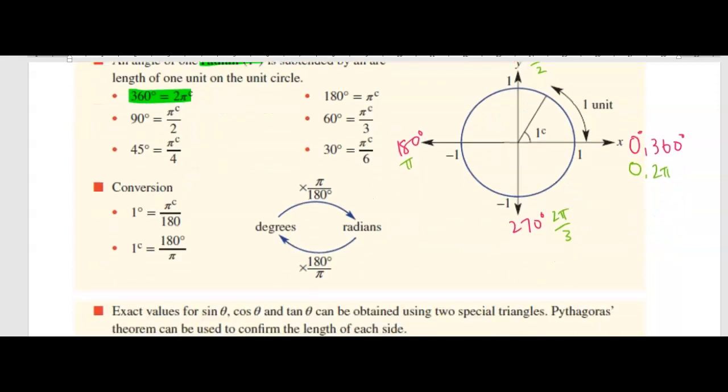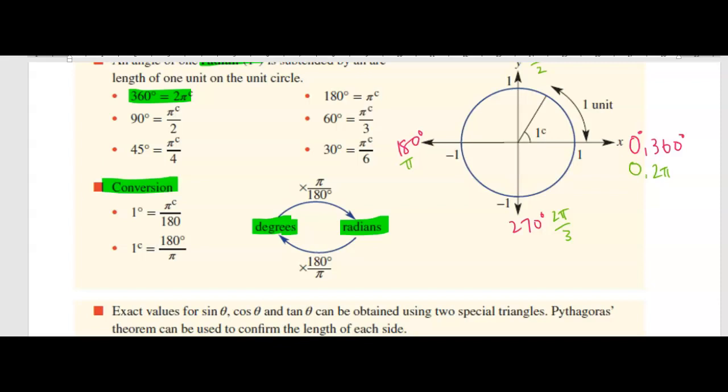This is extremely important to know: how to convert degrees into radians. You can use this little diagram here. If you're going from degrees to radians, you multiply by pi over 180. And if you're going from radians to degrees, you multiply by 180 over pi.